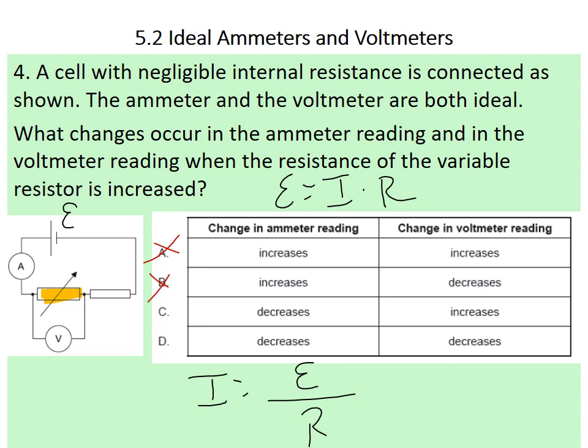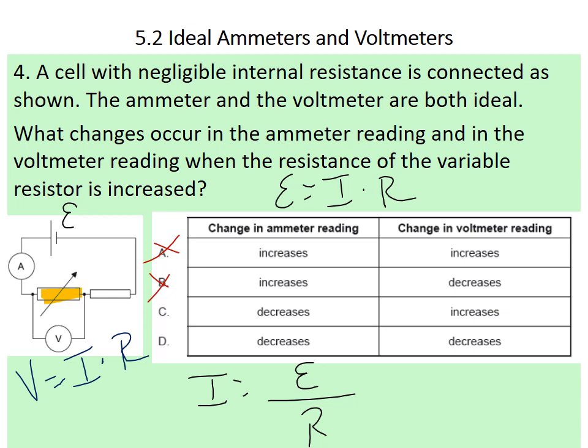So now we're left with figuring out whether the voltmeter reading is going to increase or decrease. Okay, voltage dropped across this variable resistor: V equals I times R. So yes, the current has dropped in this circuit, but at the same time, the resistance value has increased, and it's greater than the resistance of its neighbor. The larger the resistance of a resistor, the more voltage it dissipates.